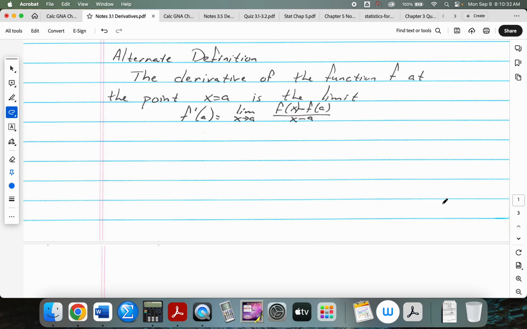So again, you have a stationary point, a f of a, and you're saying that as x gets closer and closer to a, I'm going to take the difference quotient, which is the slope of the secant line, and as they get really close together, I get the slope of the tangent line.